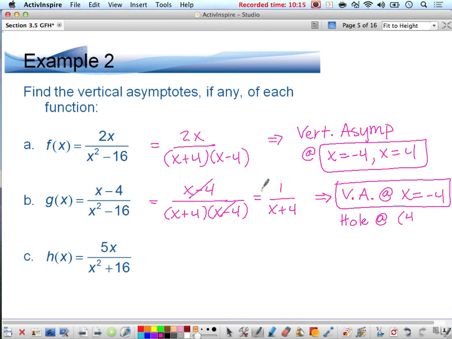Look at the reduced function. See right here, this is the reduced function. Plug the restriction into that function, and what do you get? You get 1/8. Okay? That's where the hole sits.